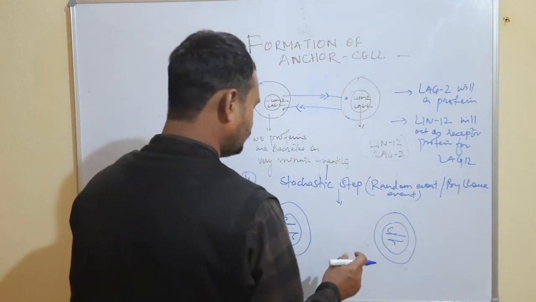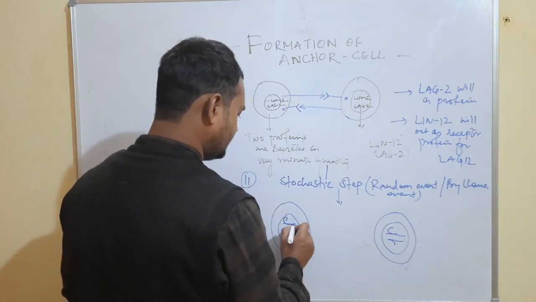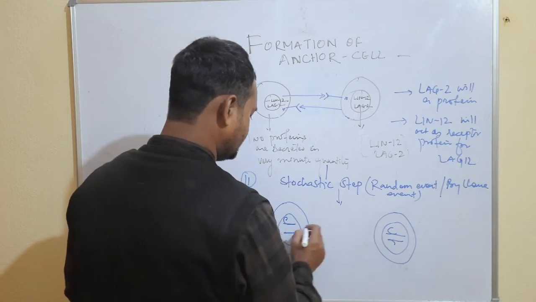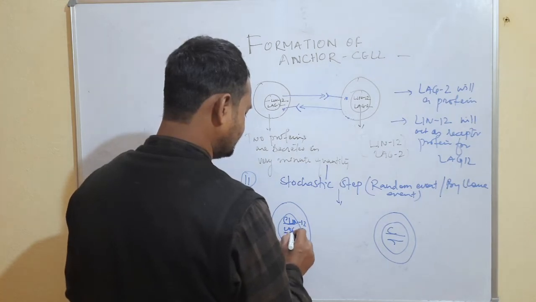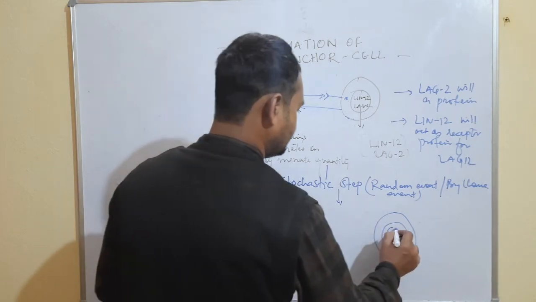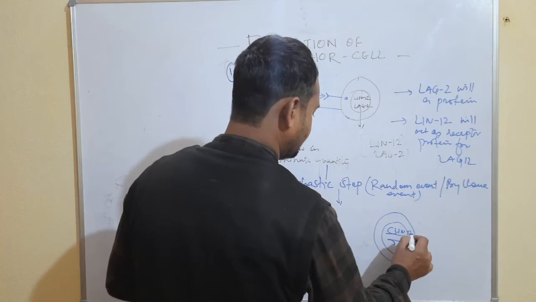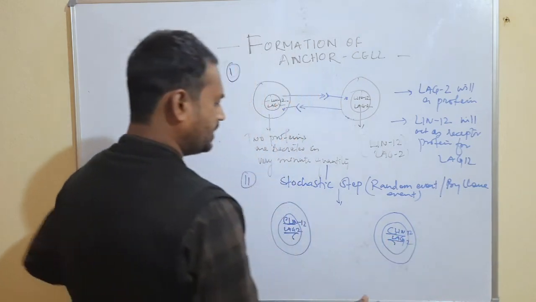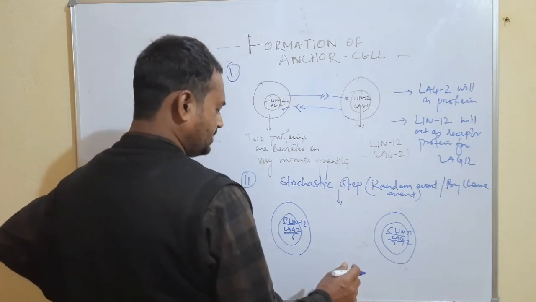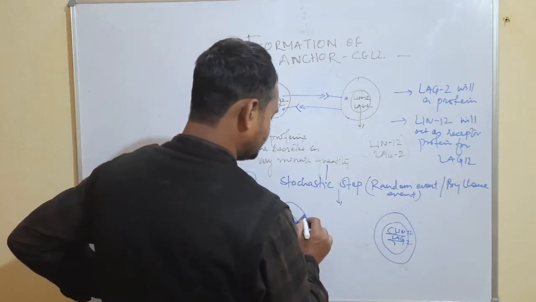Suppose this is lin-12 and this is lag-2. Then what will happen here, let us understand.